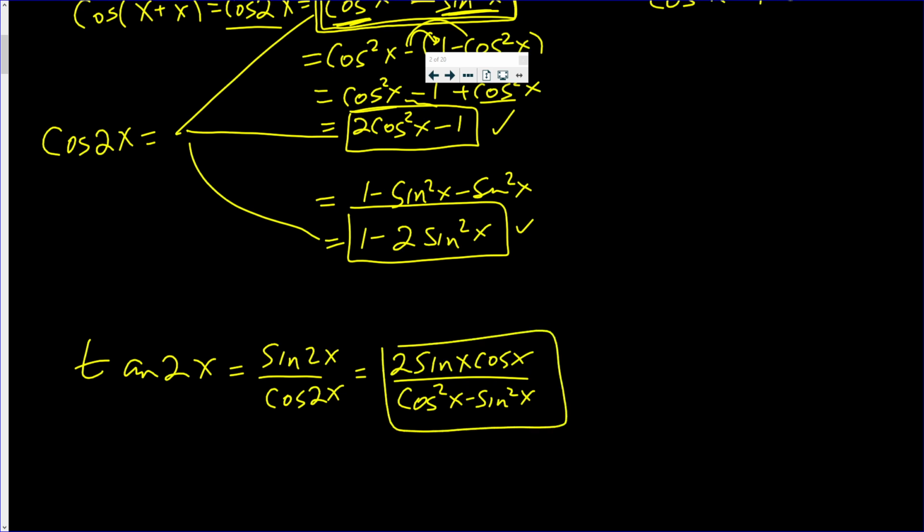There it is. That's the tangent of 2x. You want to remember these formulas? That's fine. Just for the record, in terms of tangents, this is 2 tangent x over, I guess it's going to be 1 minus tangent squared x.